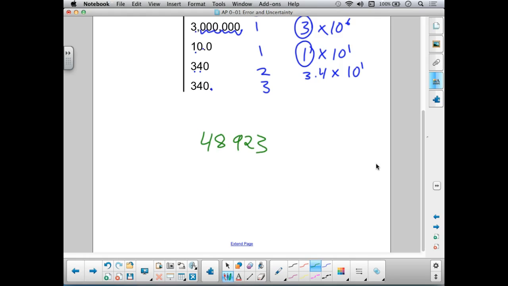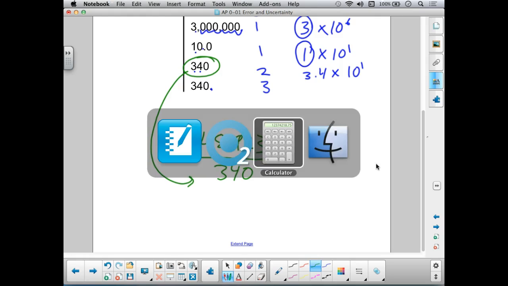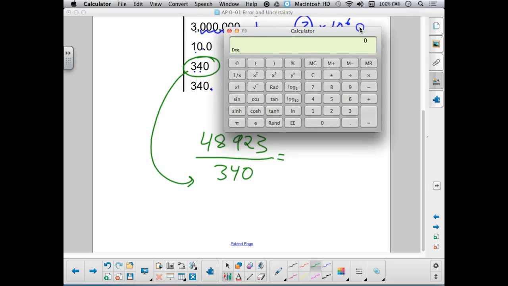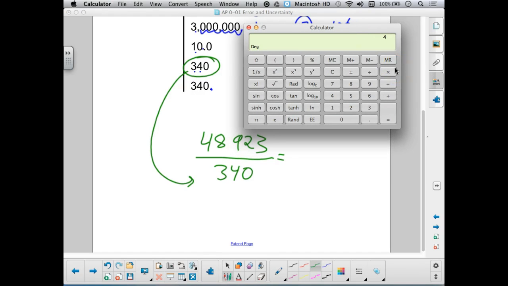48,923, 5 significant figures. And I'm going to divide it by our value over here, 340, which is 2 significant figures. So if I divide this out, let me pull up a calculator real quick. 48,923 divided by 340.